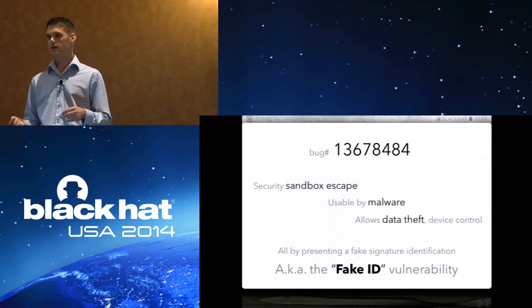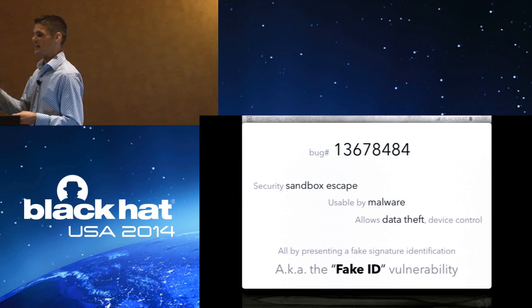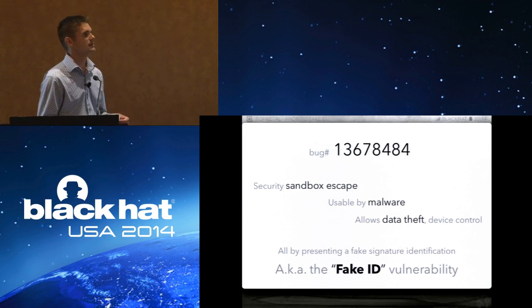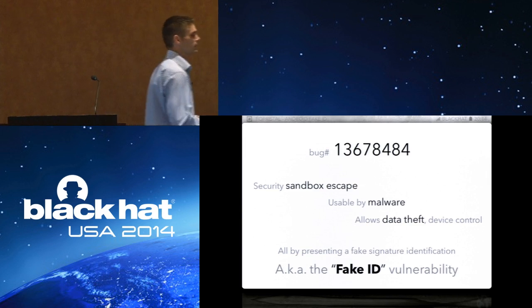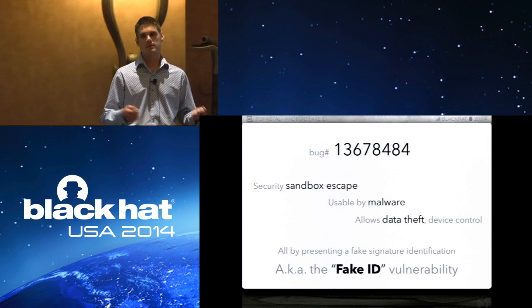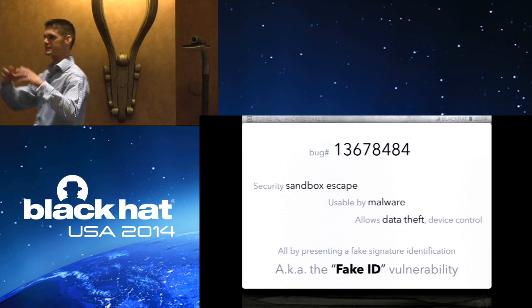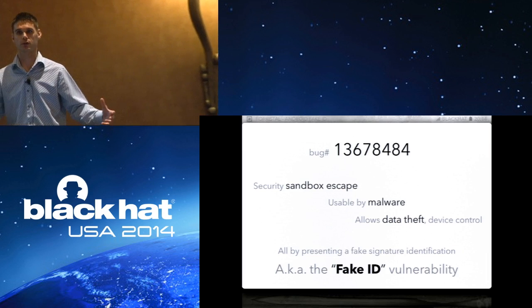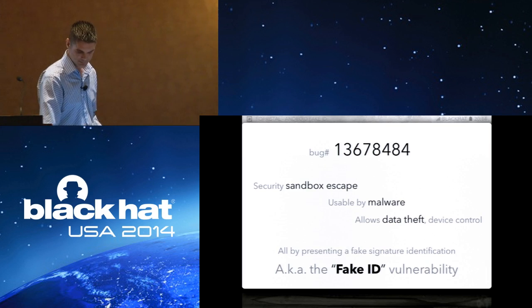All of it comes down to presenting a little fake signature identity to the system, which is why we've been calling it the FakeID vulnerability. It's been in the press starting last week, and I'm here to give you all of the glorious geeky details of how this thing works and show you a live demo.